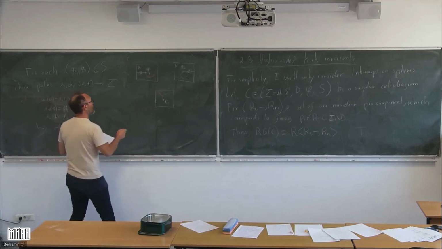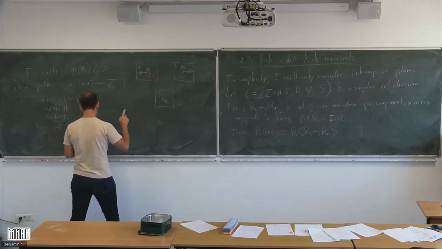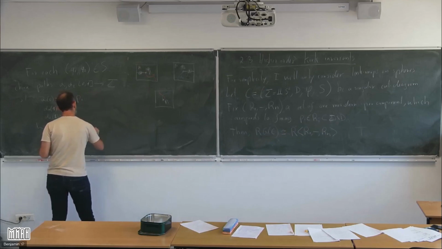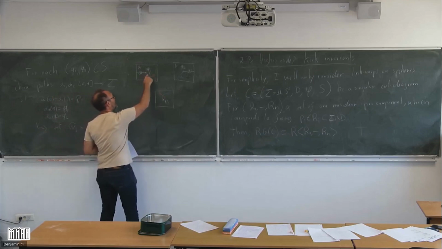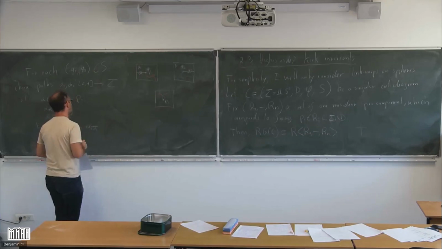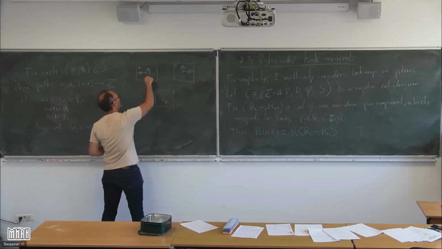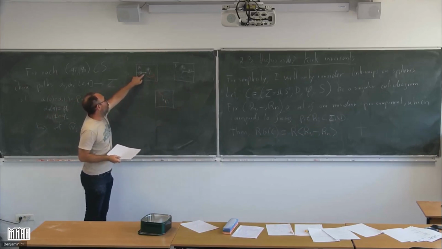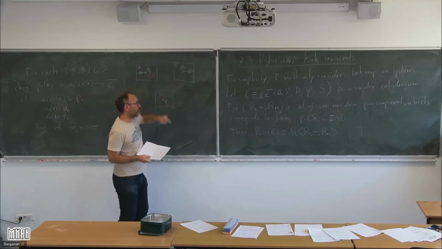So now I can consider the composition of alpha 1 and inverse alpha 2. So this is a path, this is alpha 1 reverse alpha 2. So it corresponds to this path, which goes from near Q1 to near Q2.